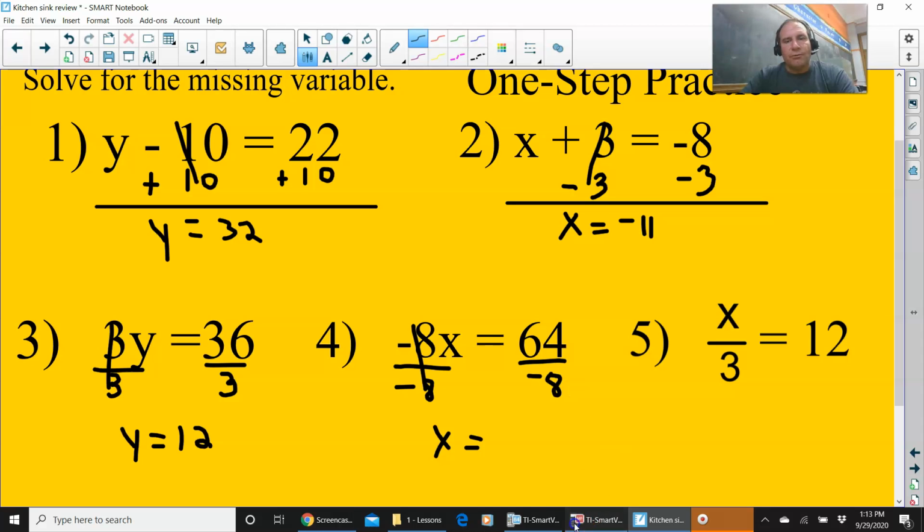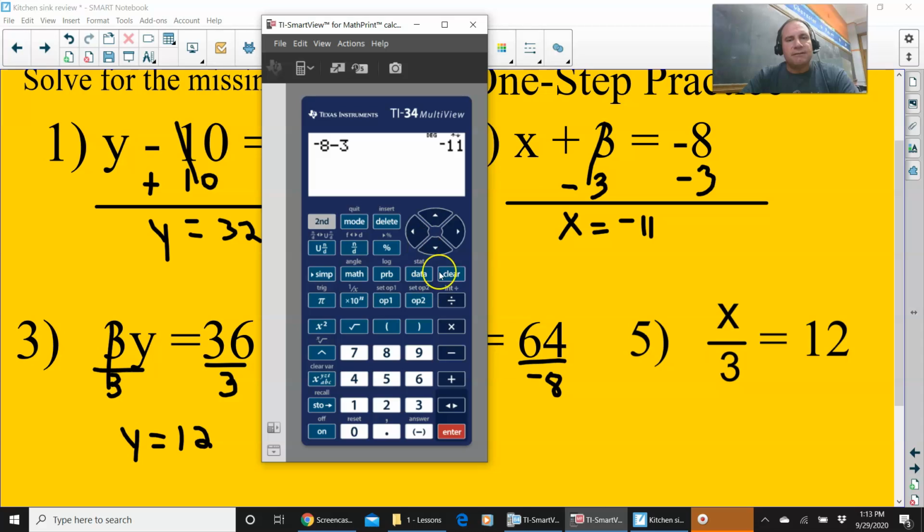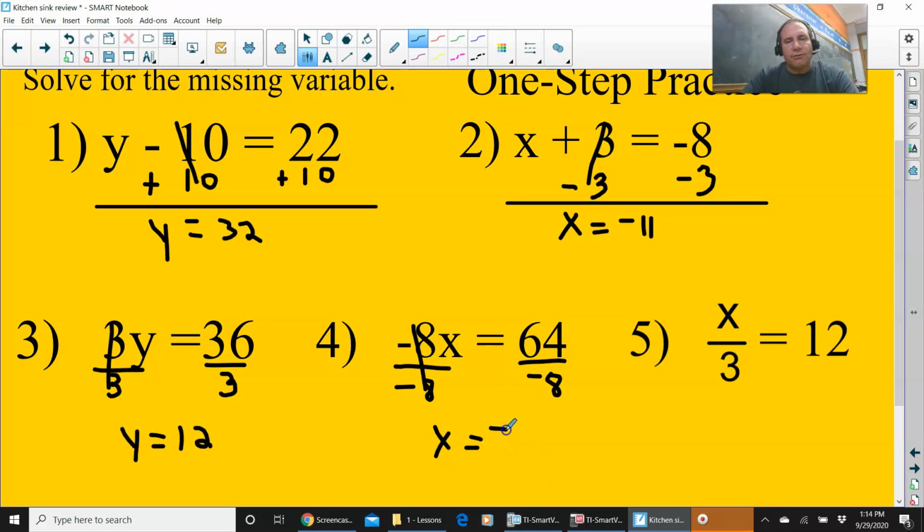Remember, always use your calculator. You could put it in that way, and you can press it, and you get negative 8 as your answer. Always check on the calculator, no matter how easy you think it is.